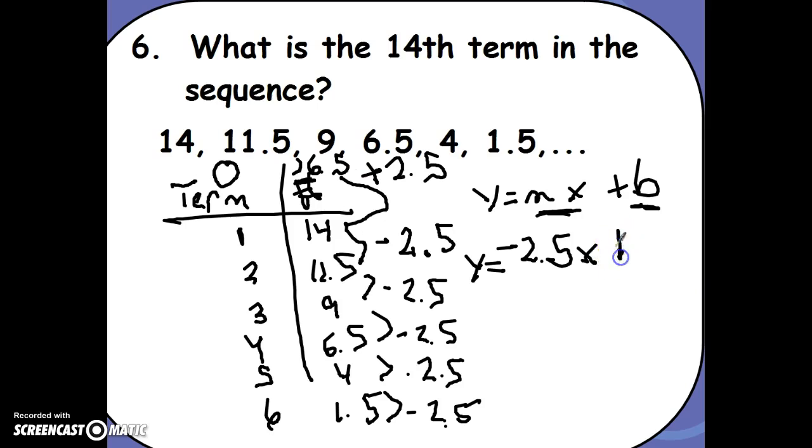So in our equation, we're adding 16.5. Okay, so now we know that we have negative 2.5, and our 14th term is what we plug in, because that's the one we're finding, and we add 16.5 to that. With your calculator, you will be multiplying negative 2.5 by 14, and you will get a negative number.